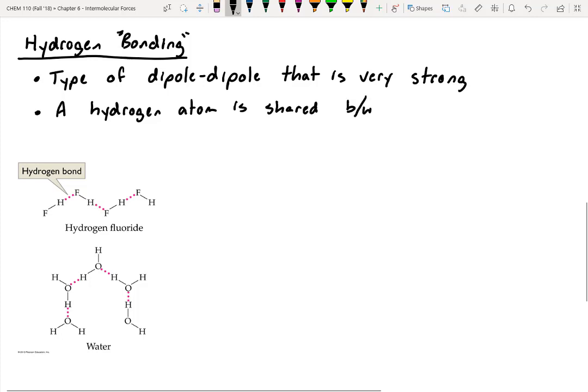Between a lone pair and an electronegative atom. All right, if we think about the most electronegative atom, what would that be?